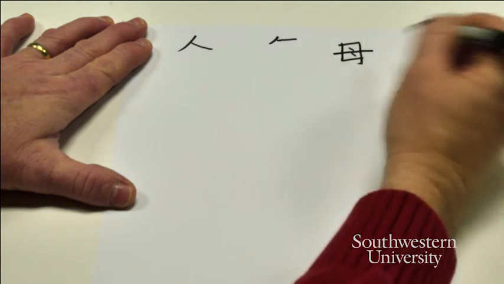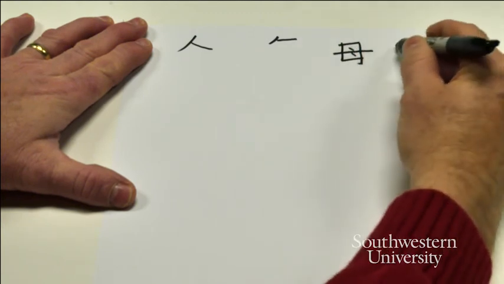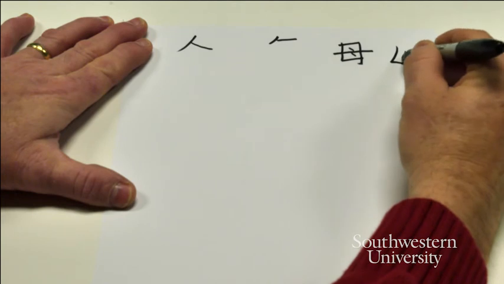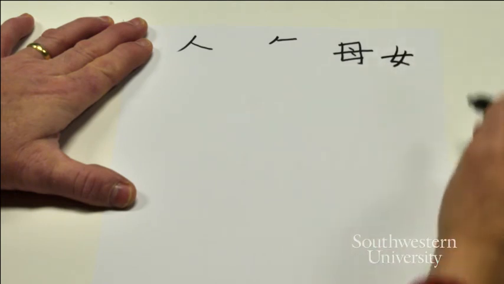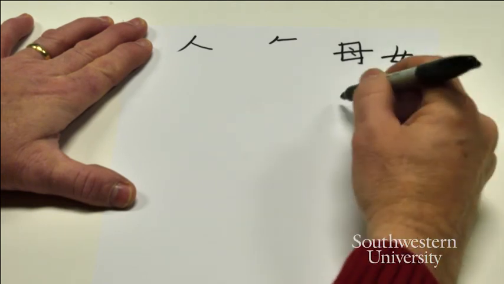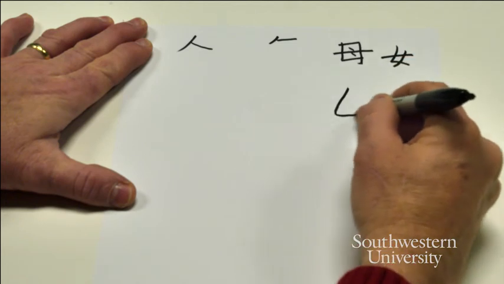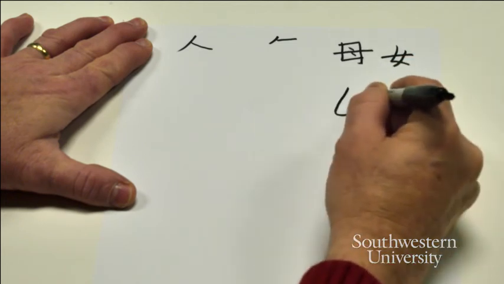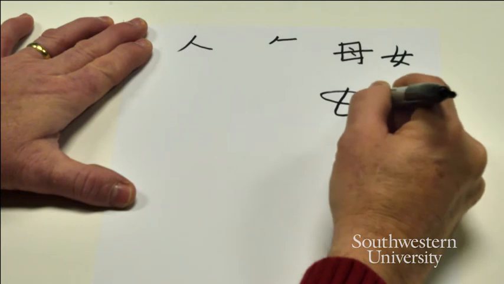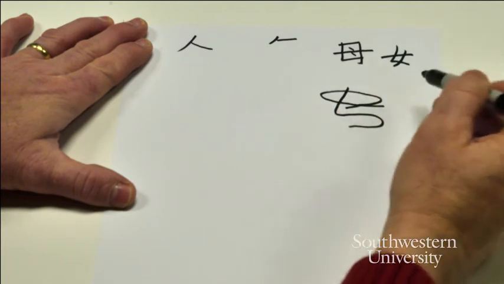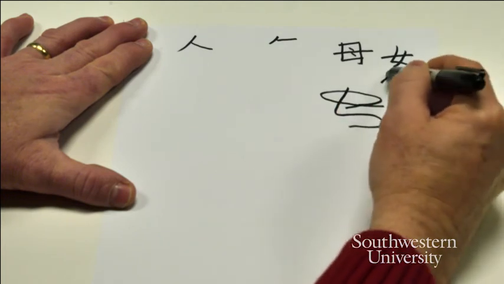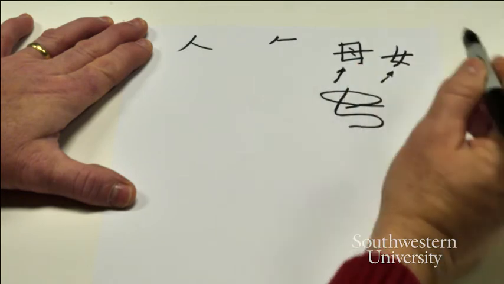Written like that. This anciently was almost exactly the same depiction as the character for woman, mu. It was a depiction of a woman kneeling with her arms crossed, something like this. So in the one form, it became woman, and the other, it became mother.